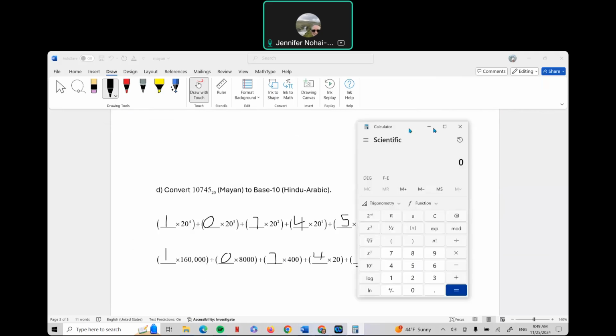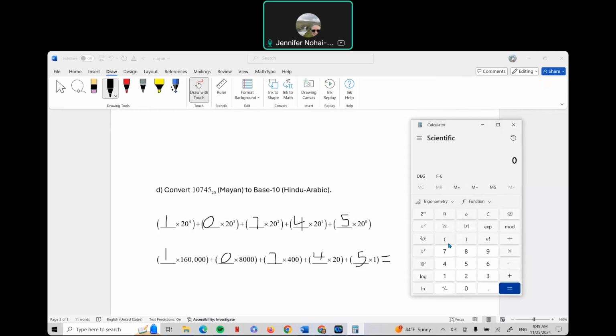Let's move this out of the way. Set up our parentheses. 1 times 160,000 plus, and I'm going to skip the 0 because I don't need it. 0 times 8,000 is 0, so unnecessary to type it in. But if you feel comfortable because you want it to match up exactly to what you have, it's completely understandable.